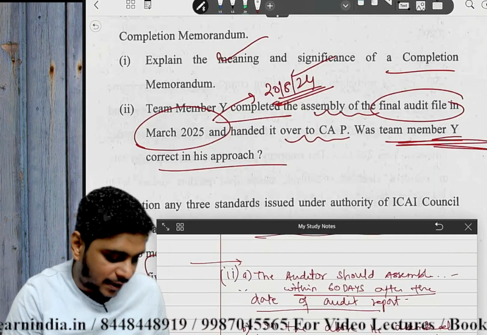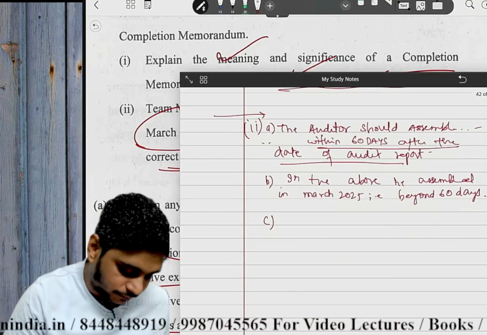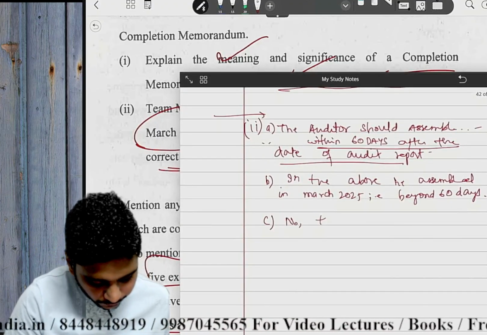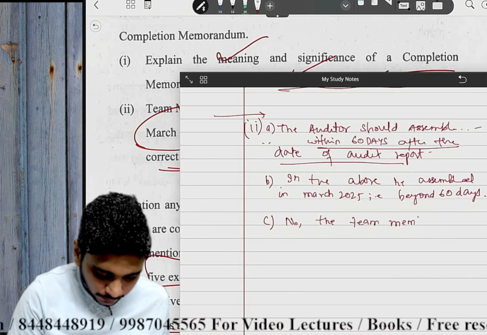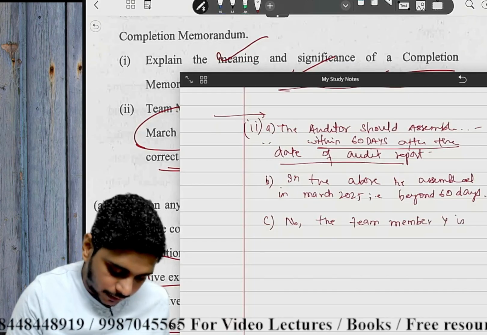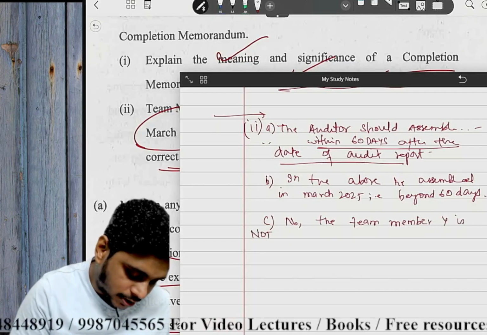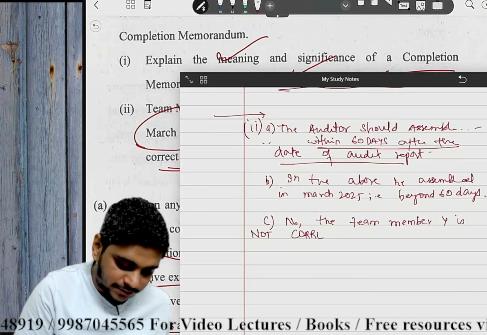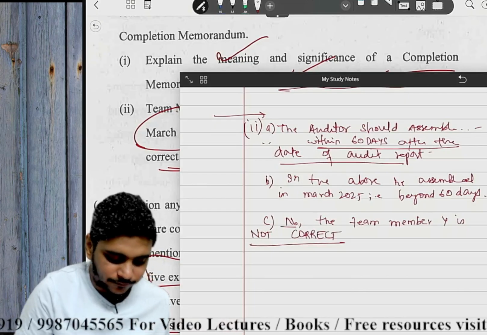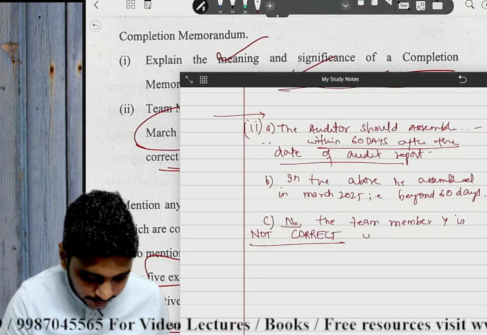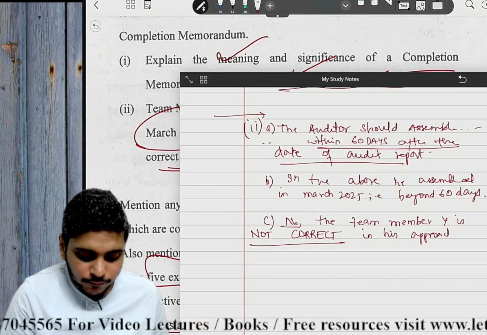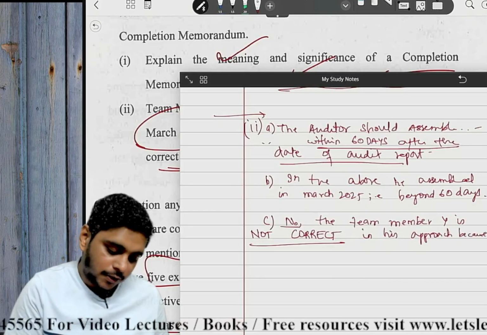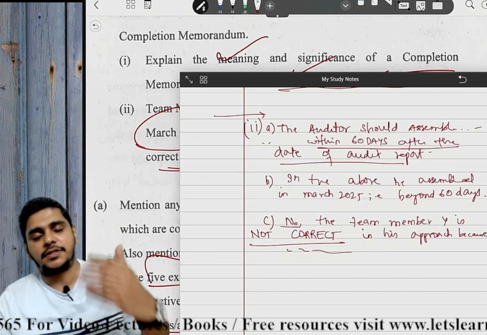Was team member Y correct in his approach? So you will write no, the team member Y is not correct. See the way I am writing. Whatever is my conclusion, I am writing in caps. Not correct in his approach because he should have assembled the final audit file within 60 days after the date of audit report.